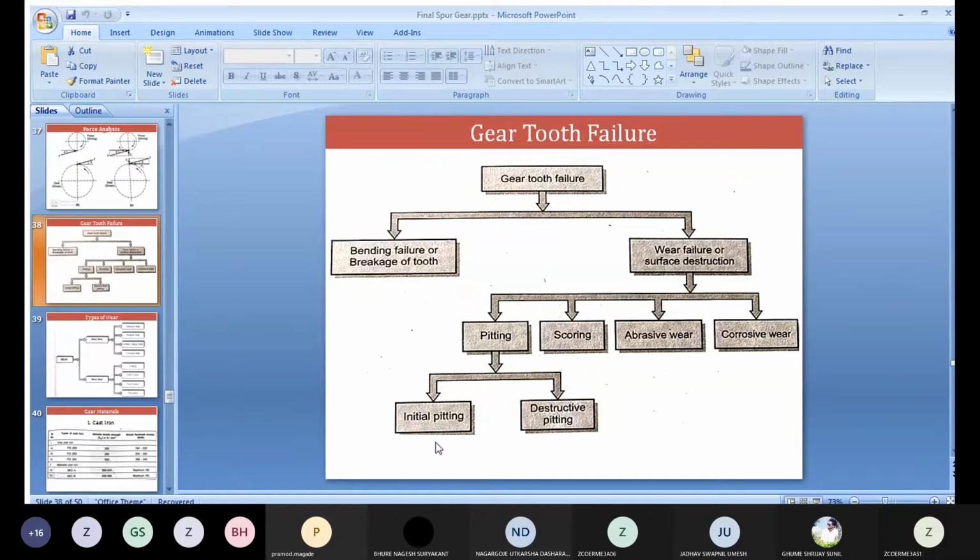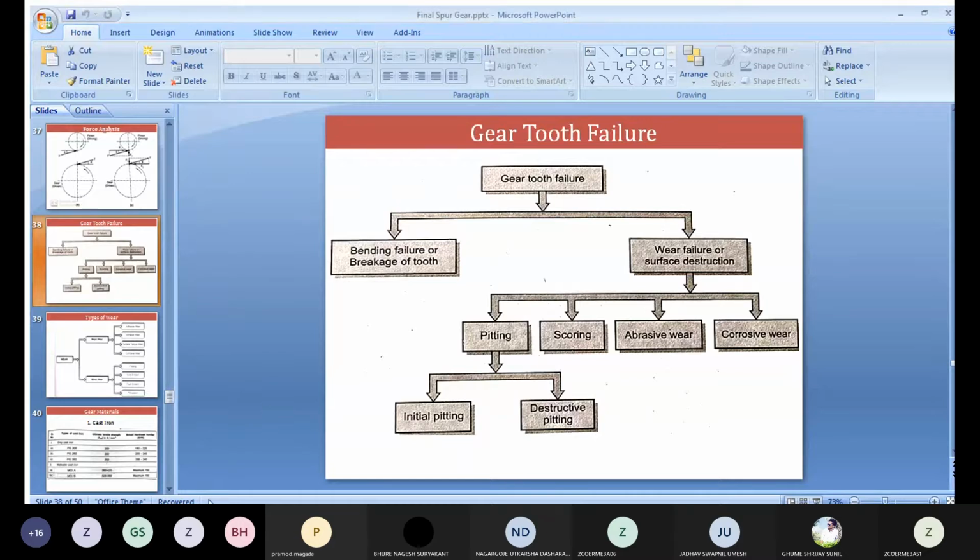Block diagram, gear tooth failure. In gear tooth failure, on the left side you can write bending or breakage failure, and on the right side you can write wear or destructive failure, or surface destruction. And that destruction you can divide, writing down one by one.